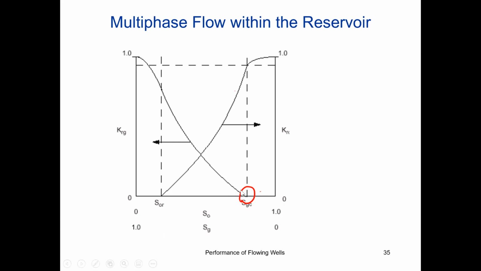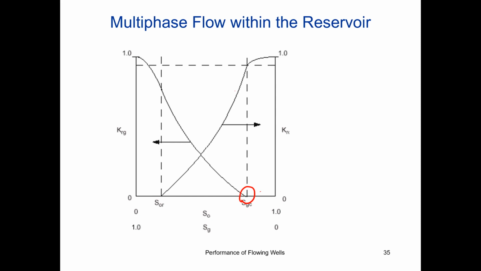So this is the critical saturation of gas. This is 100% gas. And when it is 100% oil, it will be something else. And this is the critical saturation of oil, residual oil. So we cannot produce all the oil.